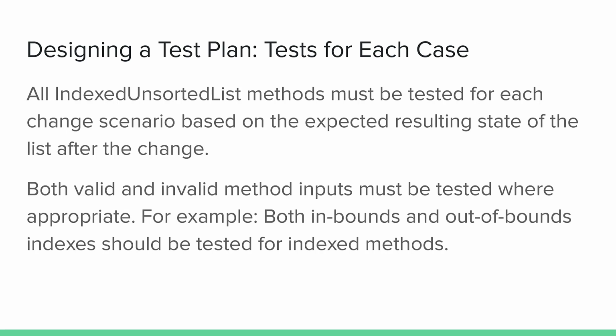And we make these tests based on the expected resulting state of the list after that one change. We need to include both valid and invalid method inputs for each of these methods as appropriate. For example, if I were doing something with indexes, I would need to include indexes both inbounds and out of bounds to confirm that I get the right results from this indexed method at all of my boundaries.